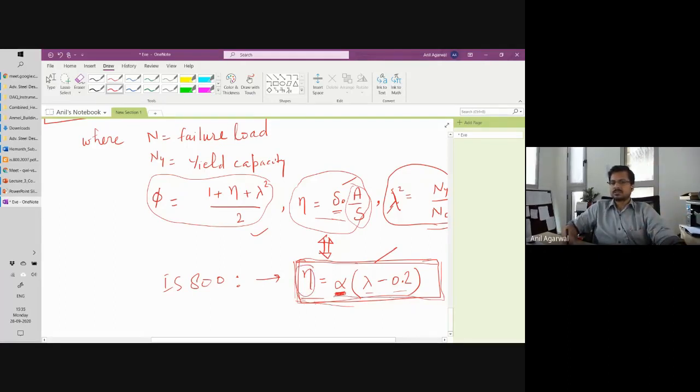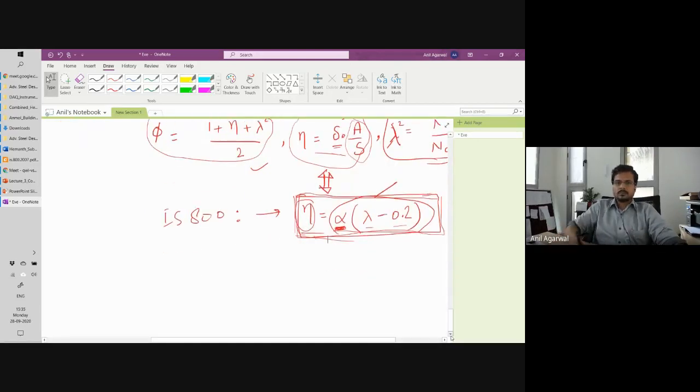It simply says this is the expression, alpha multiplied by lambda minus 0.2. The two of them together account for imperfection and residual stresses.